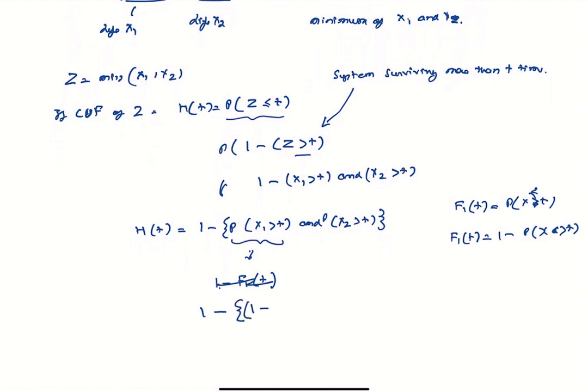So the probability of x1 more than t will be 1 minus f1 of t, and that comes here, multiplied by, because these are all independent events, 1 minus f2 of t.